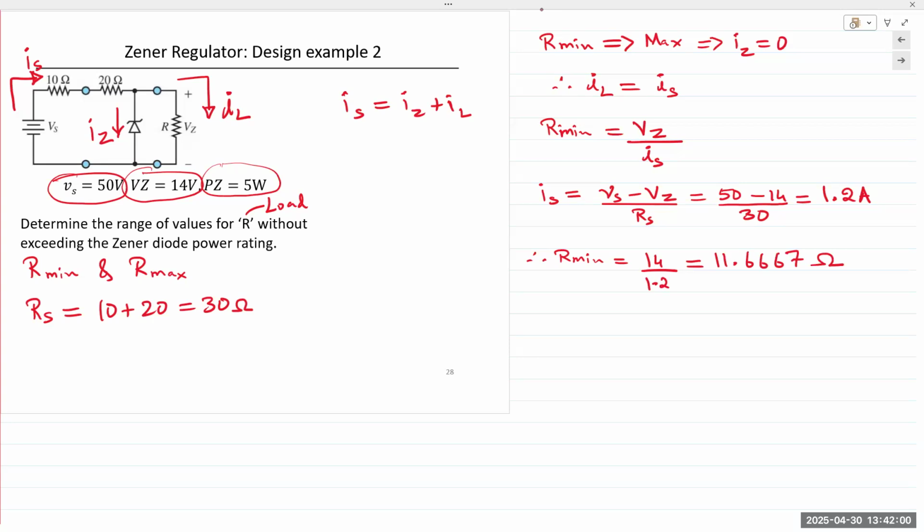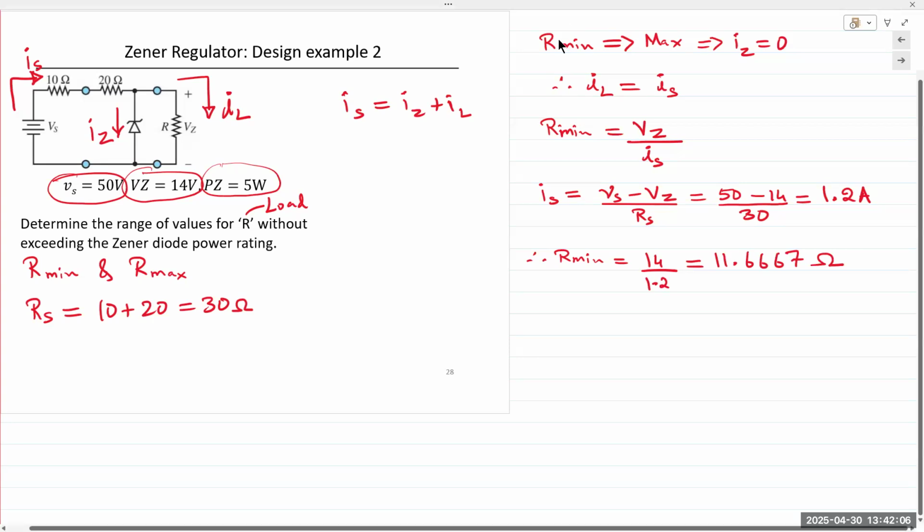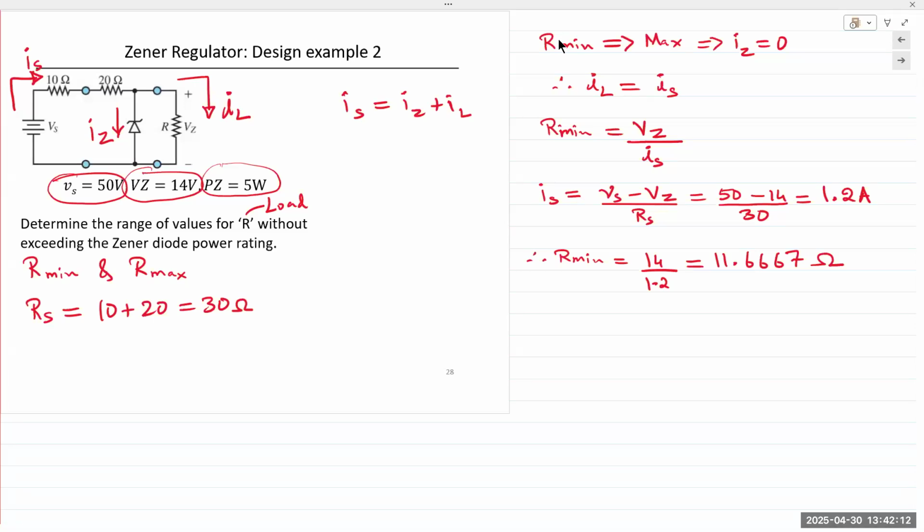I'm taking 4 decimal places just to illustrate a point. Oftentimes in the lab, our answers are not exactly the same as the theoretical calculations. Sometimes they're in the ballpark, sometimes they're very far off. If we calculate 11.667, we say, okay, let's say 11.67 or 11.7 ohms.